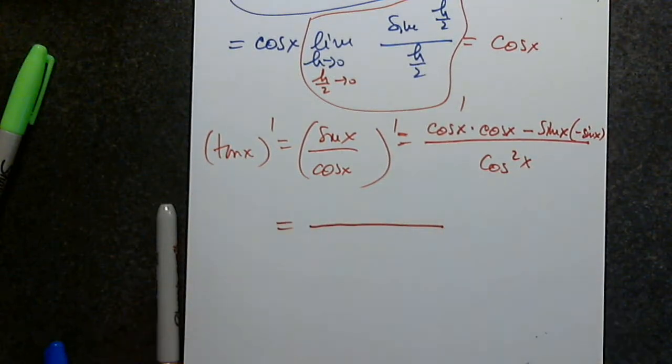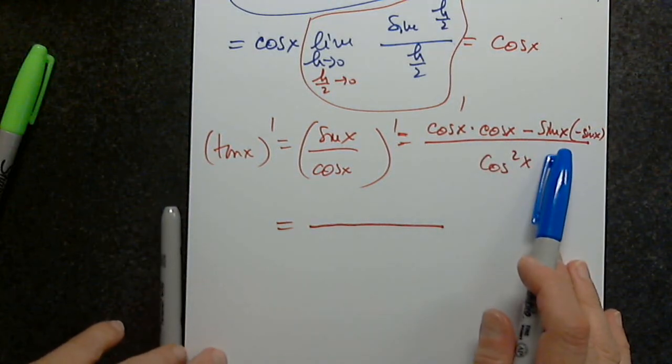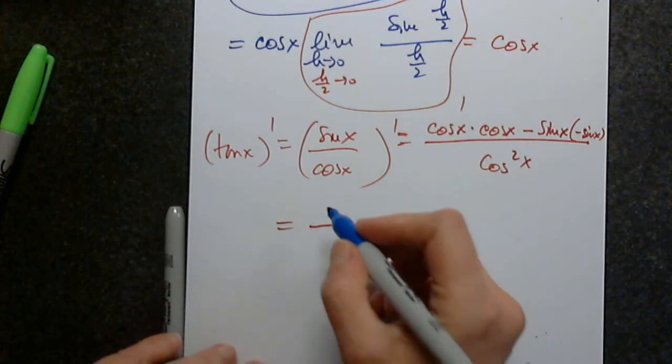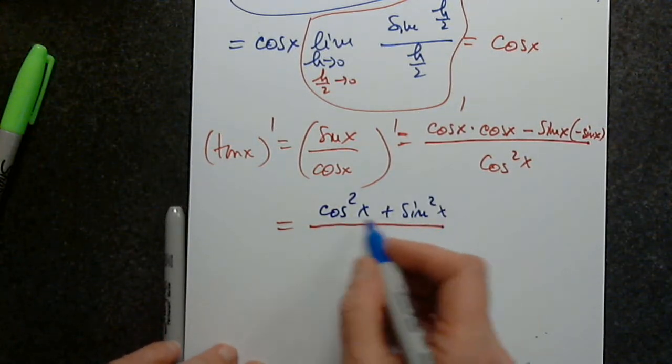Can anyone simplify a little bit the numerator and tell us what it is? So it's cosine squared plus, but what do we know about this?